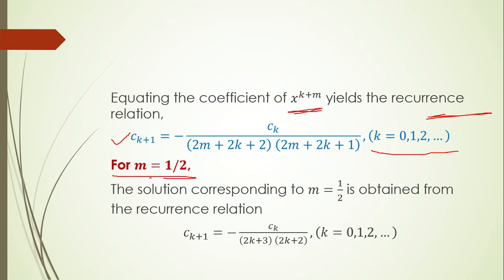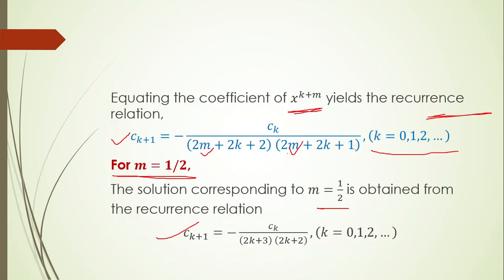For the root m = 1/2, put the value m = 1/2: 2k + 2 + 1 is 2k + 3, and 2k + 1 + 1 is 2k + 2. We get the relation for m = 1/2: c(k+1) = minus ck upon (2k + 3)(2k + 2).